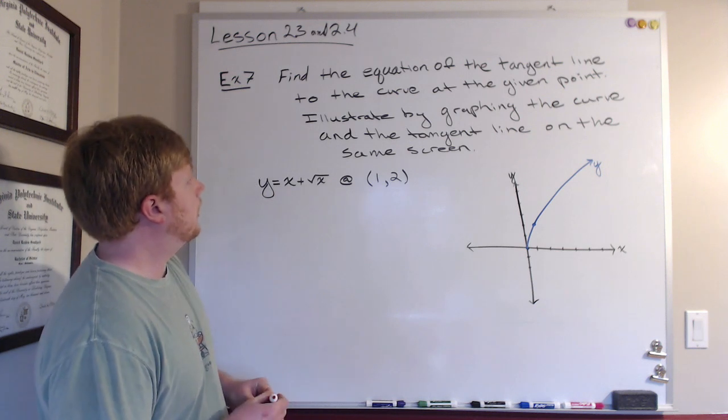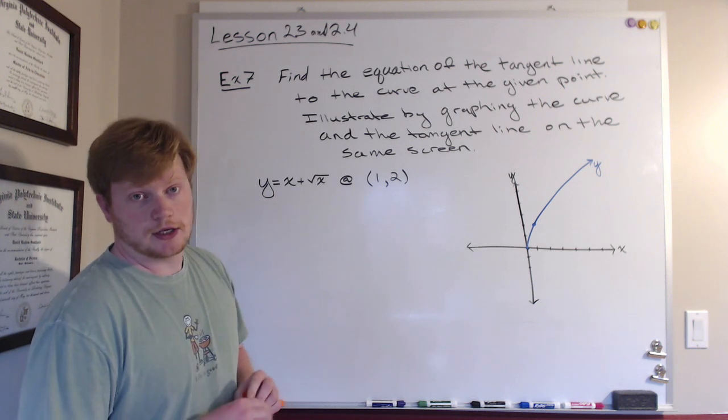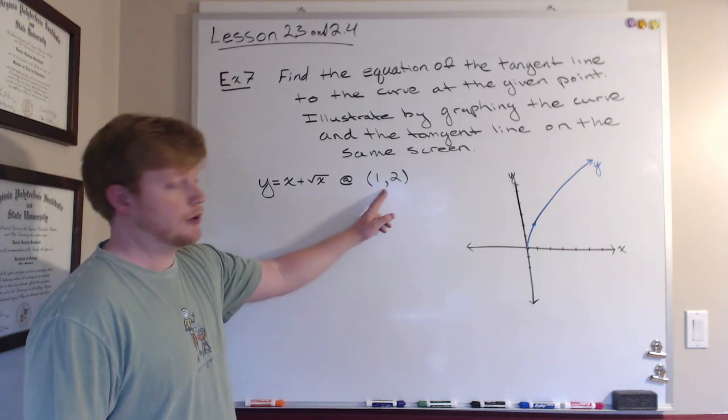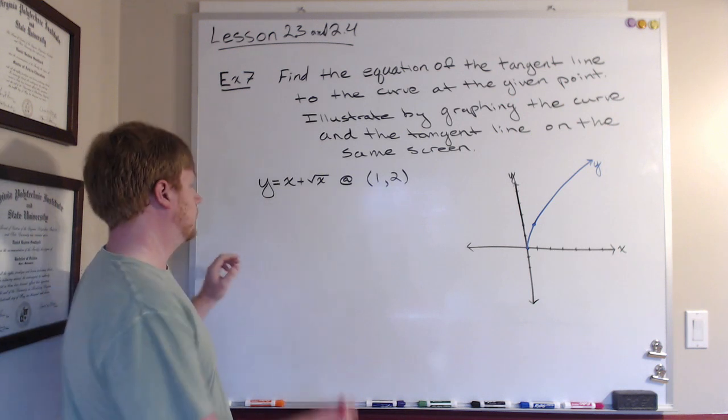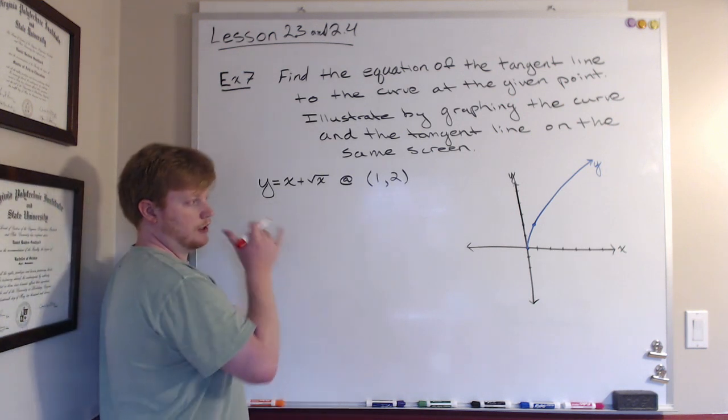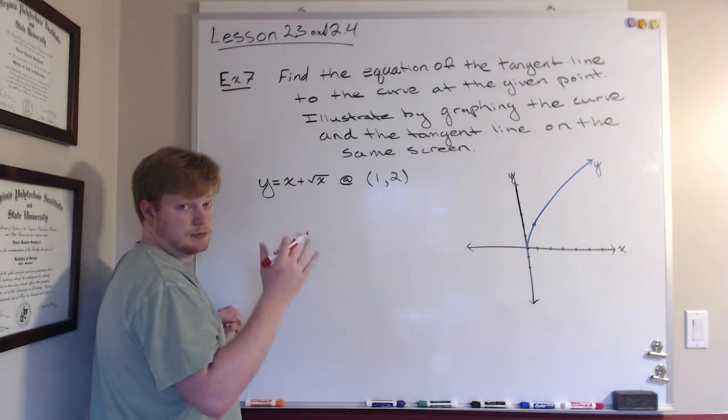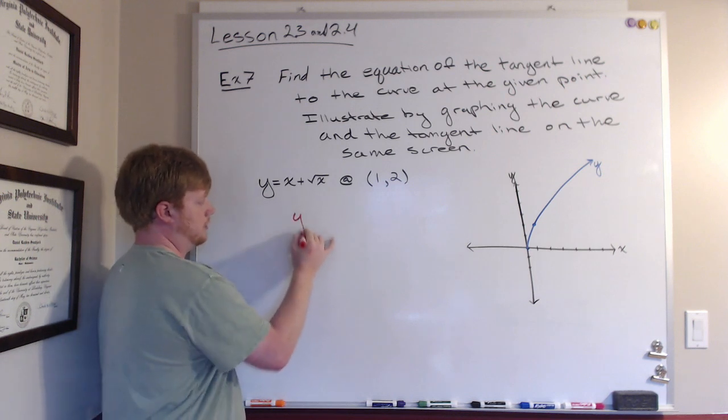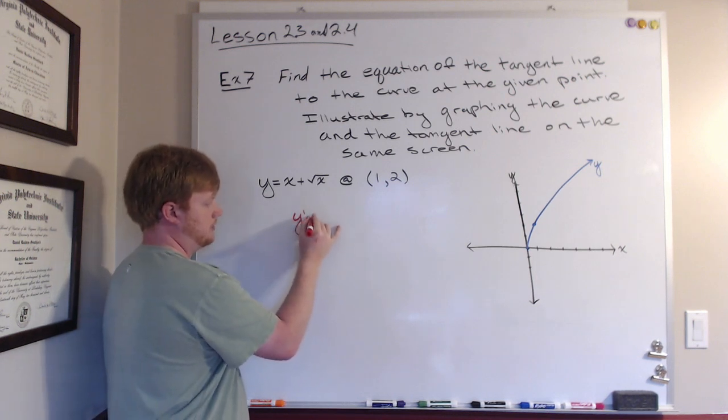So for the equation of a line, I need two things. I need a slope and a point. I have the point. Let's get the slope. Okay. To find the slope of a curve at any given point, I need its derivative, or its rate of change.